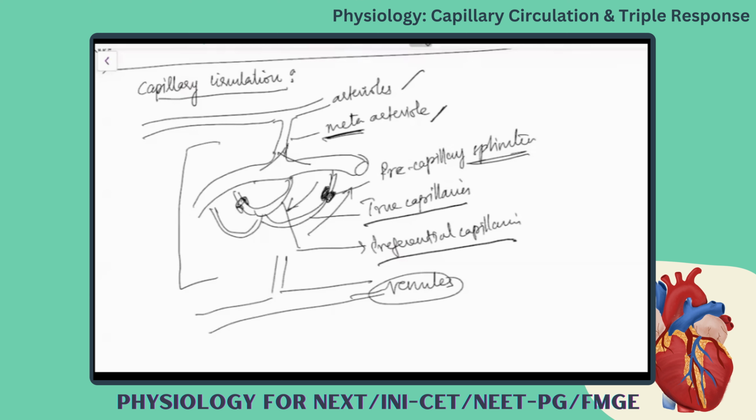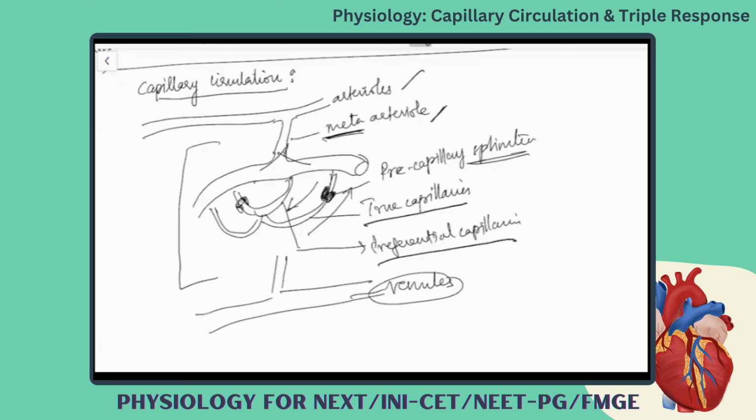That is the reason why this capillary system plays a major role. That is the place where the gas exchange is taking place between the oxygen and the carbon dioxide. So just know about this in the capillary system.